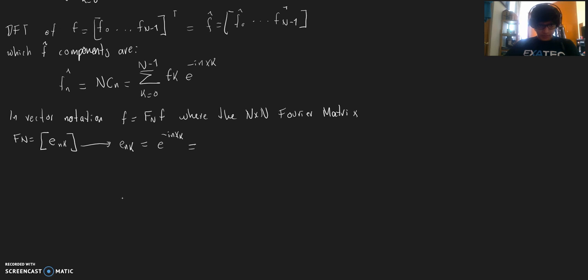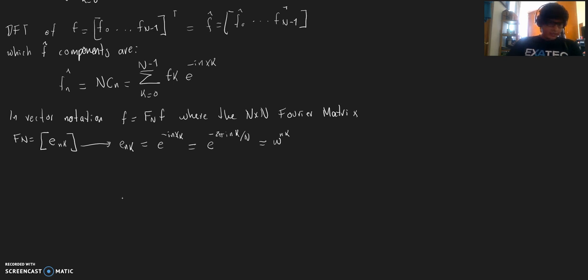It will be equal to, as I said before, e to the minus 2 pi I n k over n. That is the actual value of xk, and it will also be equal to this other value here that denotes the evolution of this exponential function.